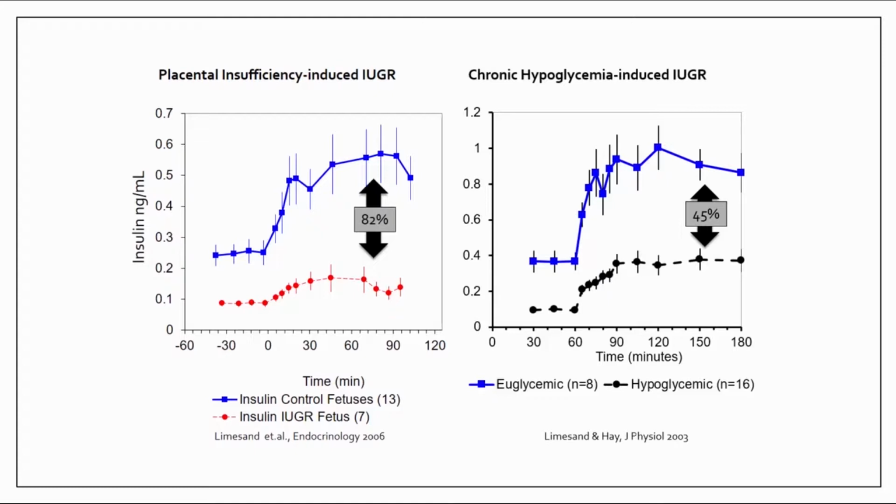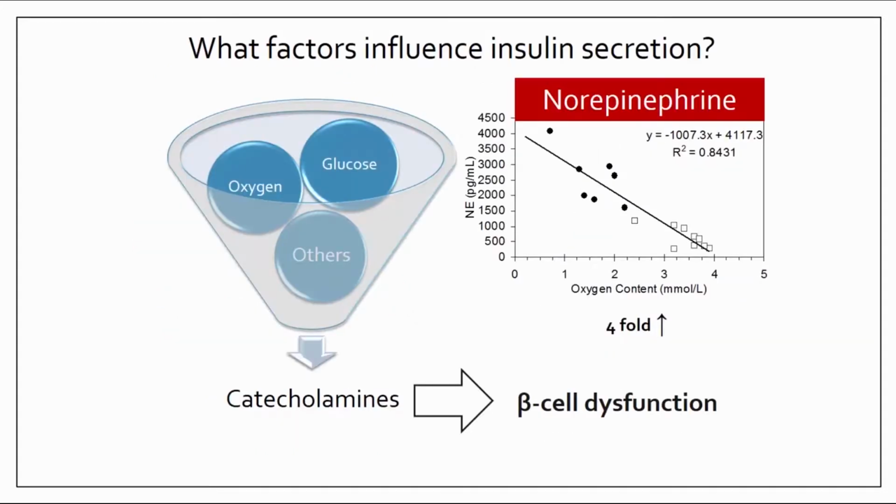If we make the ewes chronically hypoglycemic, and then look at them 2 weeks later, we again see a decreased insulin concentration and impaired insulin secretion response to that square wave hyperglycemic clamp. But the reduction is about 45% or half of that of what we saw in the IUGR animals, which brings us to the question of what factors may be influencing insulin secretion.